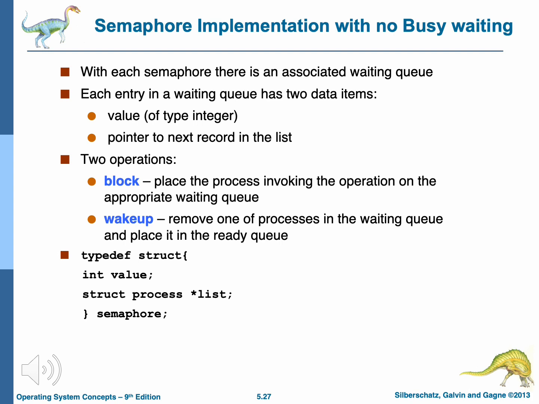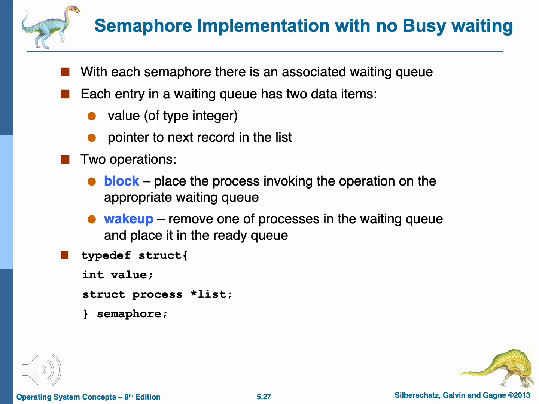When a process executes the wait operation and finds that the semaphore value is not positive, it must wait. However, rather than engaging in busy waiting, the process can block itself. The block operation places a process into a waiting queue associated with the semaphore, and the state of the process is switched to the waiting state.